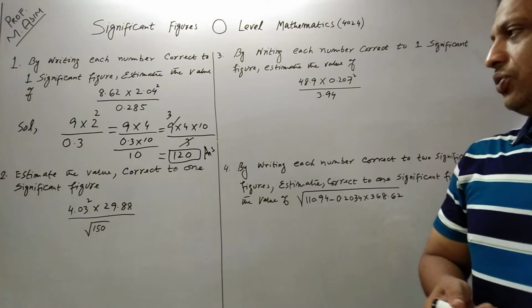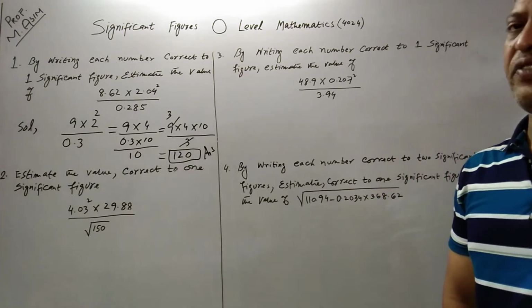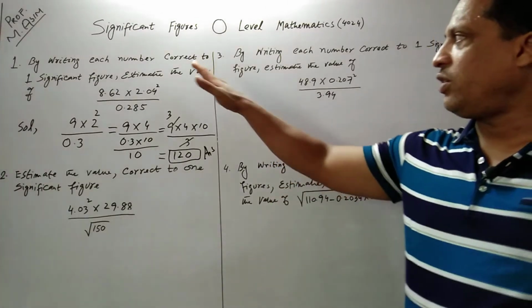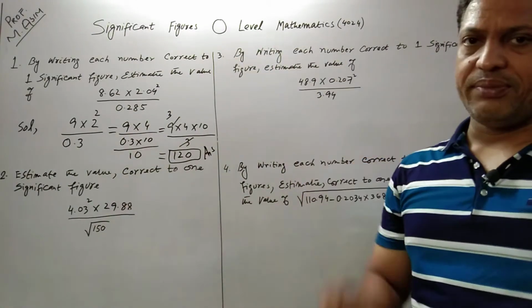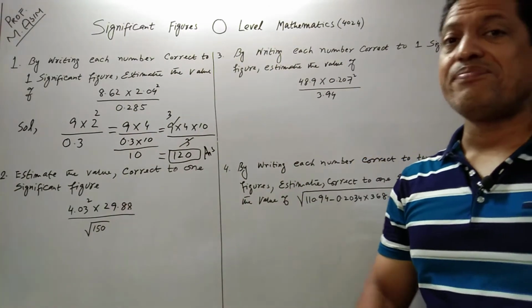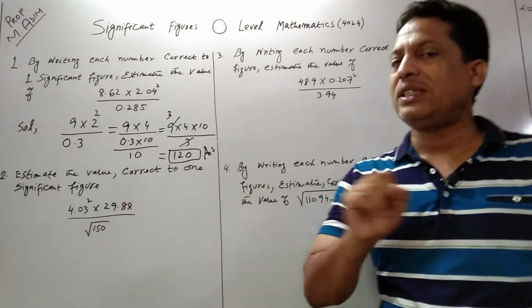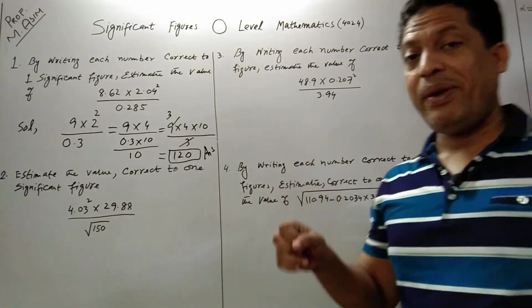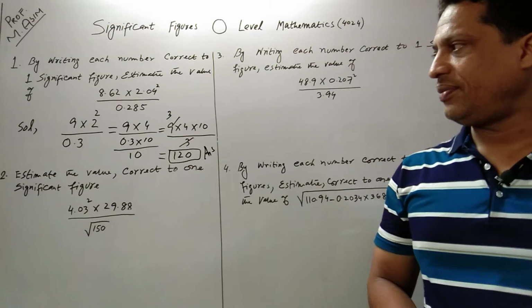See question number 2. Estimate the value correct to one significant figure. There is a difference between question number 1 and question number 2. In question number 1, first we must write each and every number correct to one significant figure. But in question number 2, the requirement is to give the answer correct to one significant figure.